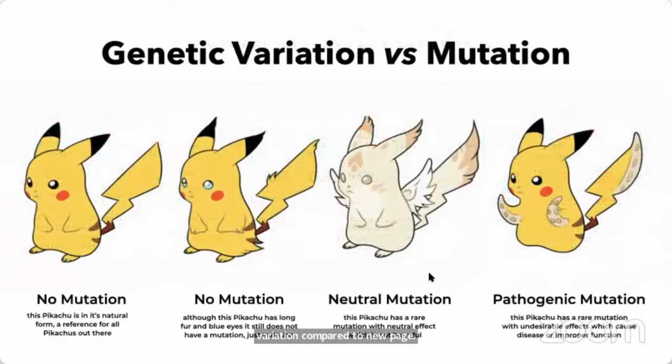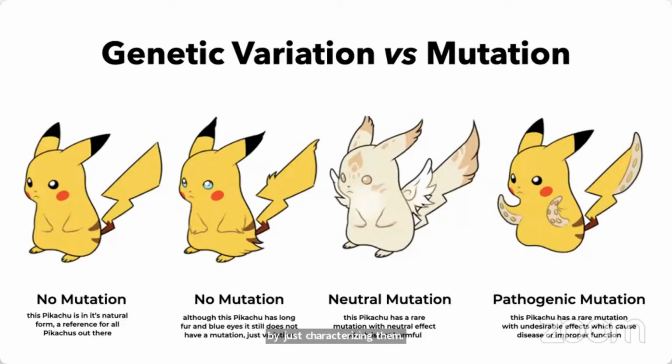So generally, all the changes that we observe in our sample compared to the reference sequences are termed as genetic variations or genetic variants. So the genomics data analysis focuses on identifying this list of genetic variations and annotating them into potentially harmful and potentially not very harmful, and the ones that can be ignored.